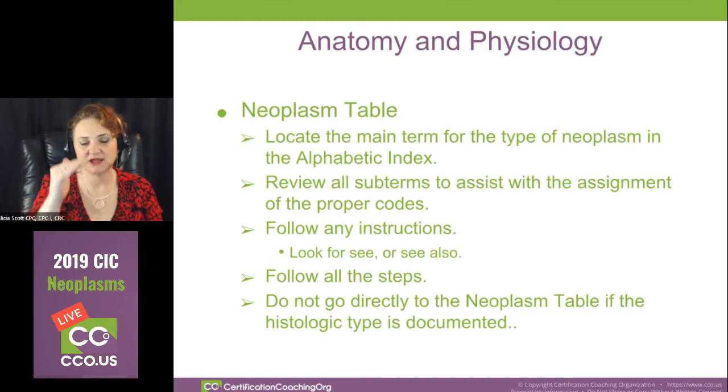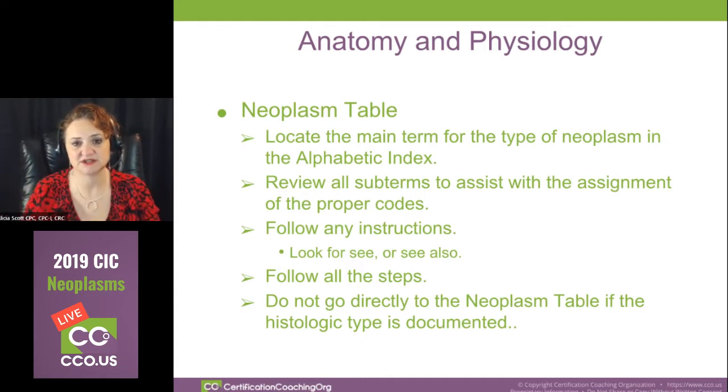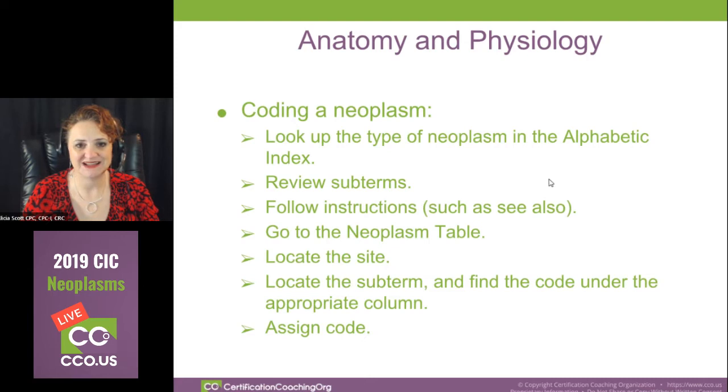So again, the neoplasm table, we look at the neoplasm table first. We find out where our location is, and if it's where we are in the columns, malignant versus benign, primary, secondary, uncertain behavior, cancer in situ, et cetera, then we go to the tabular, and we get all of the additional information that we list.